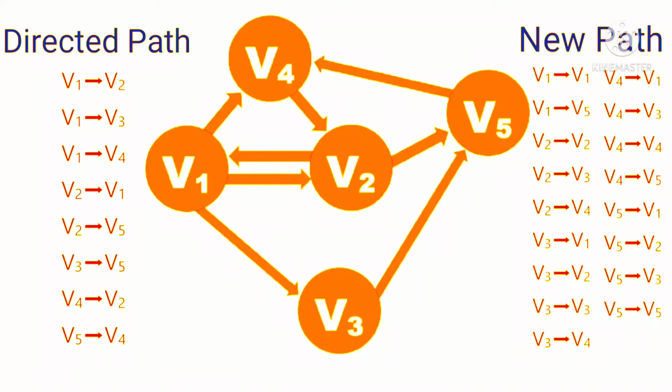V sub 5 has a directed path to V sub 1, V sub 2, V sub 3, and itself.